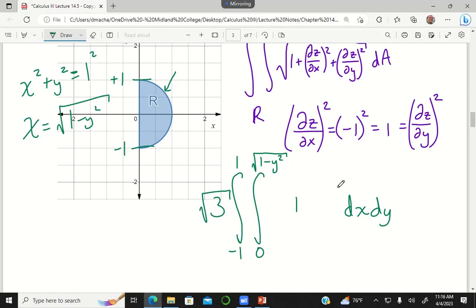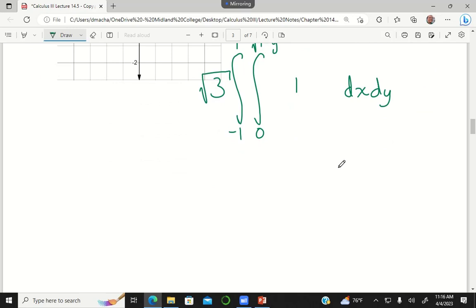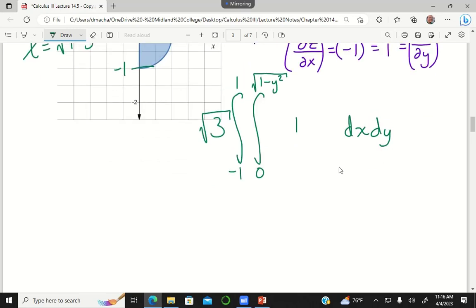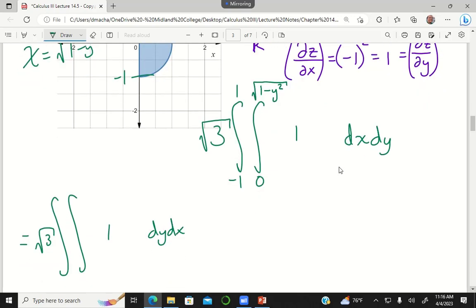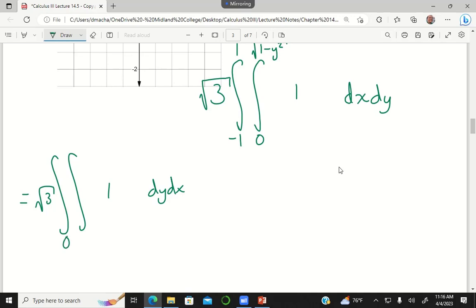Okay? Like I said, we're going to write this two different ways. So this is the same thing as writing the square root of 3 times, let's do dy dx this time. So my first integral is going to say, in terms of constant numbers, what's the lowest x can be and the greatest number x can be, and that's going to be between 0 and 1.